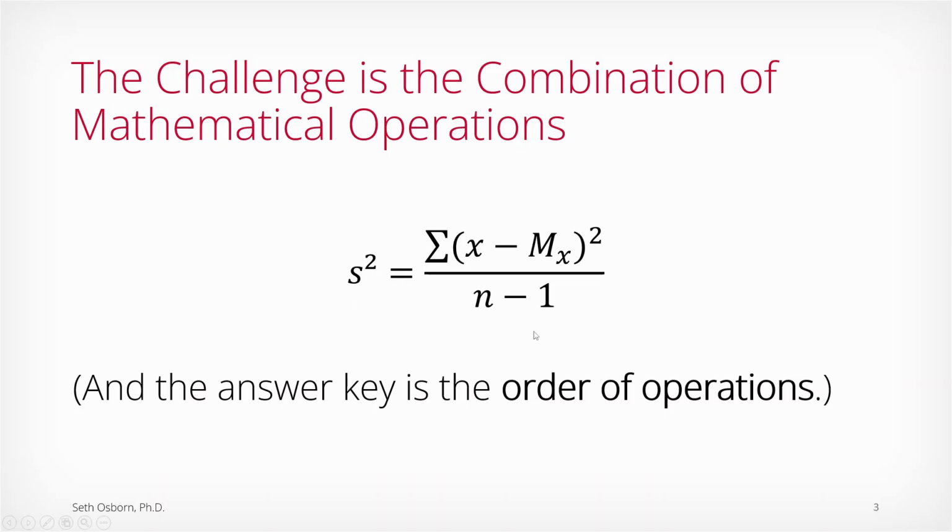If you haven't seen this particular formula before, it might look kind of scary. Ultimately, though, this is just going to break down into subtraction, multiplication, addition, division. So you can use the order of operations that you learned in grade school to take something, no matter how convoluted and scary it might look, and break it down into simpler steps.